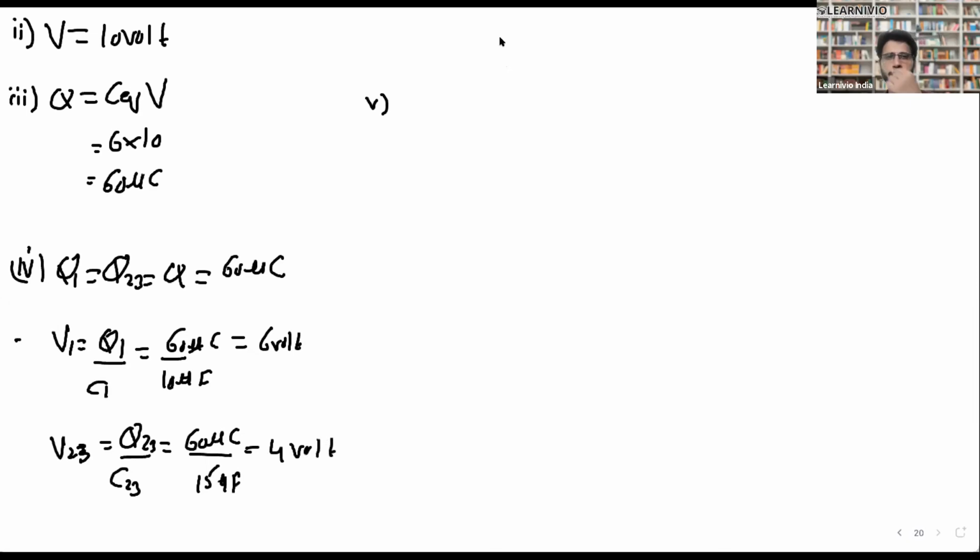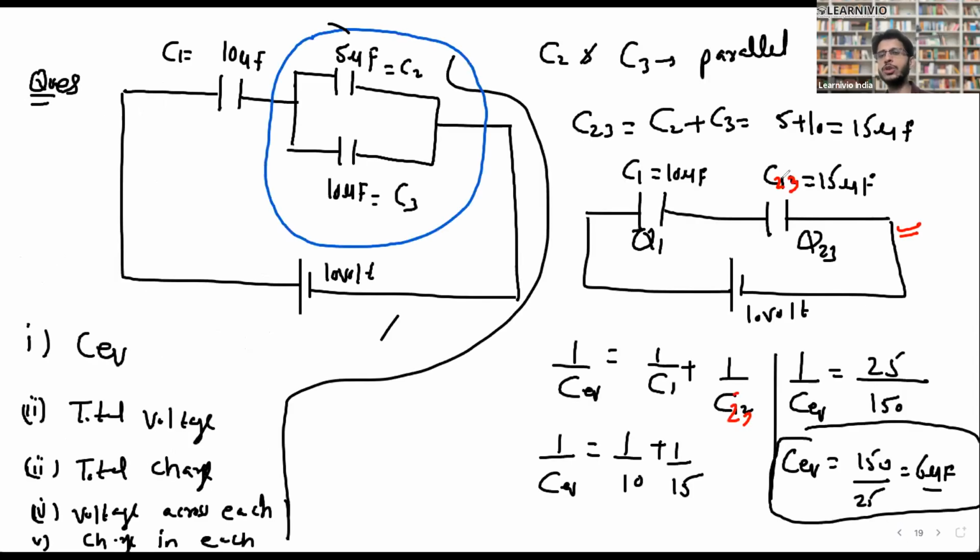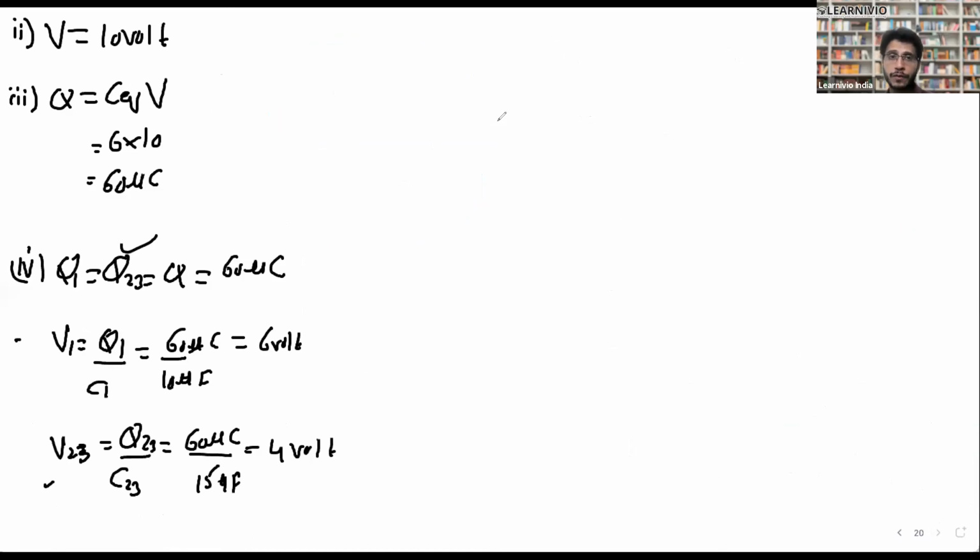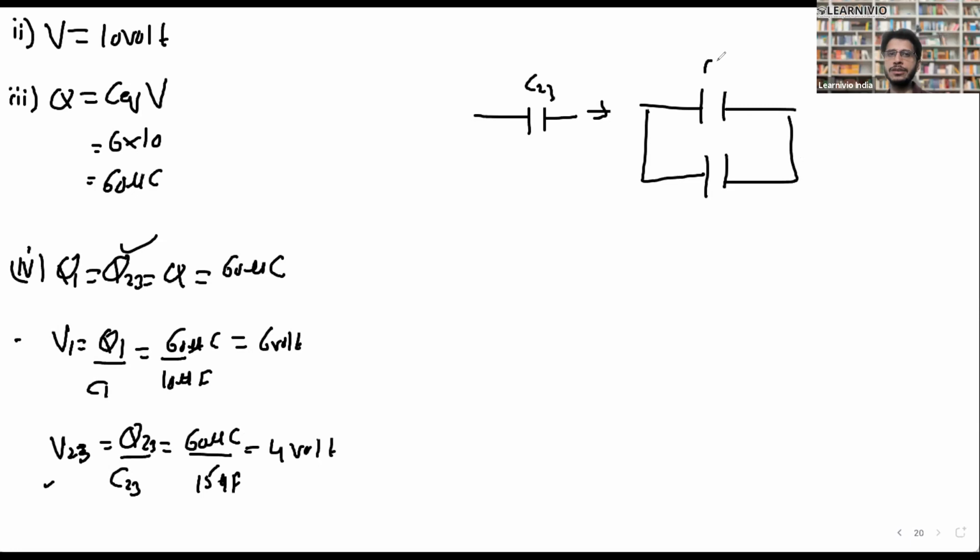There is one small issue here. We know charge stored in Q23. We know voltage across V23. But for V2, what is C23? C23 is basically a combination of two capacitors. We have to break this in terms of these capacitors. Next, we have to divide this C23 into C2 and C3. What type of circuit is this? Type A circuit or type B circuit?